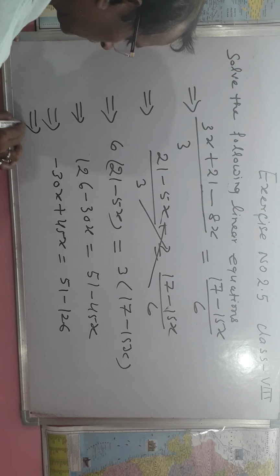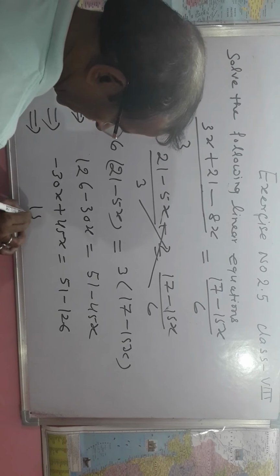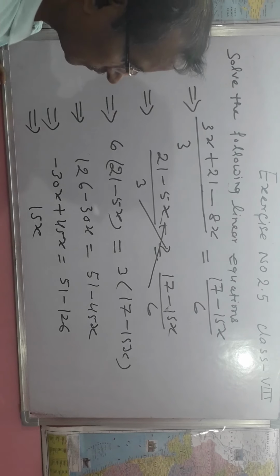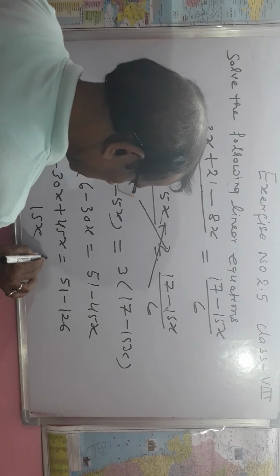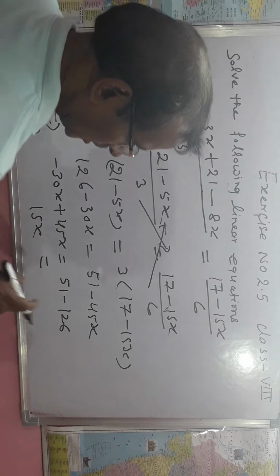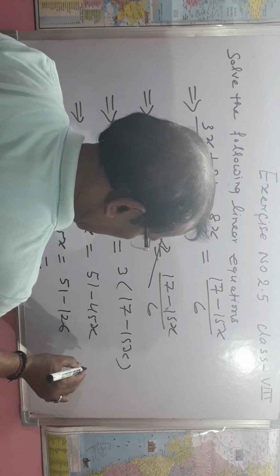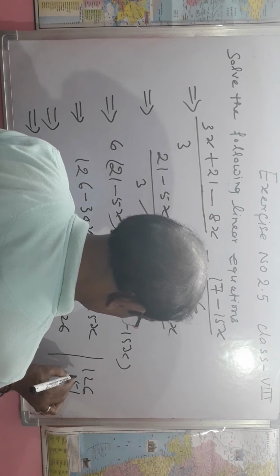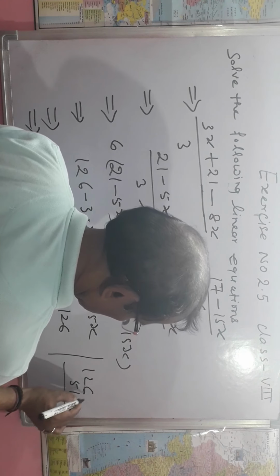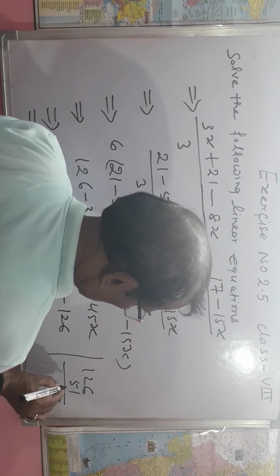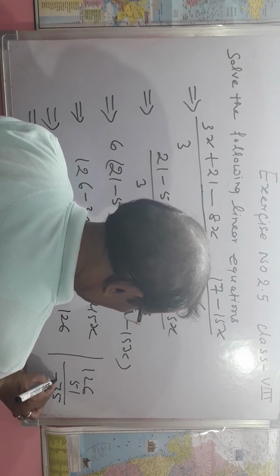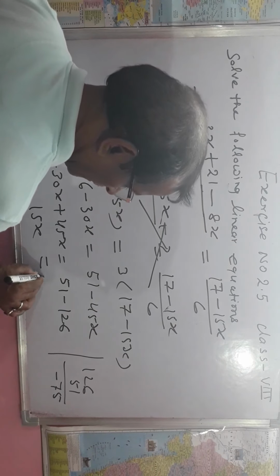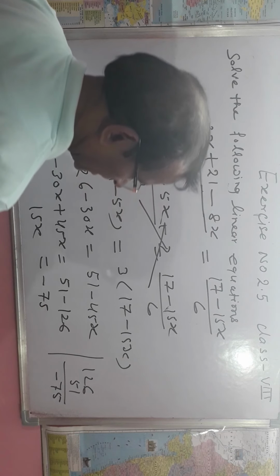Then we get 15x, and that is equal to, from 126 we subtract 51, then 5 and 7, that is minus symbol, minus 75 we get.